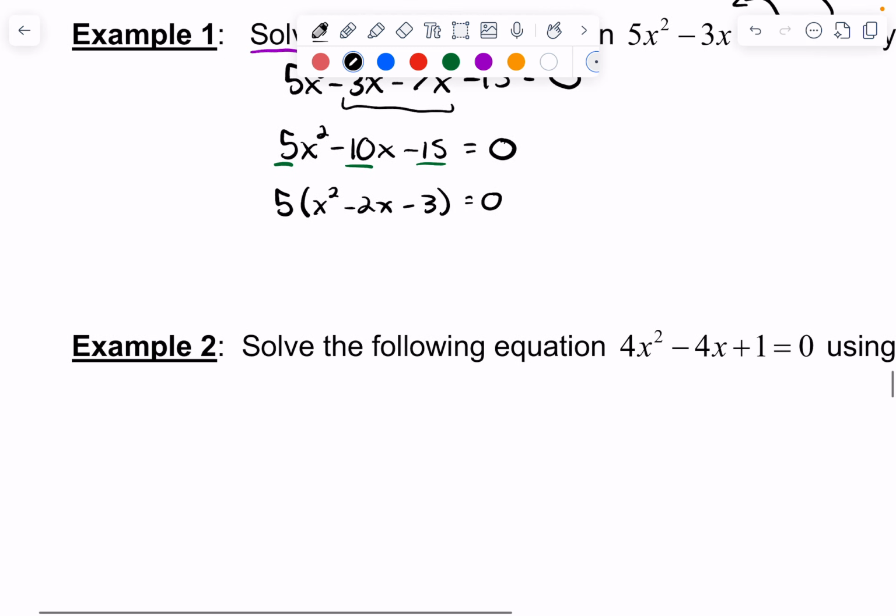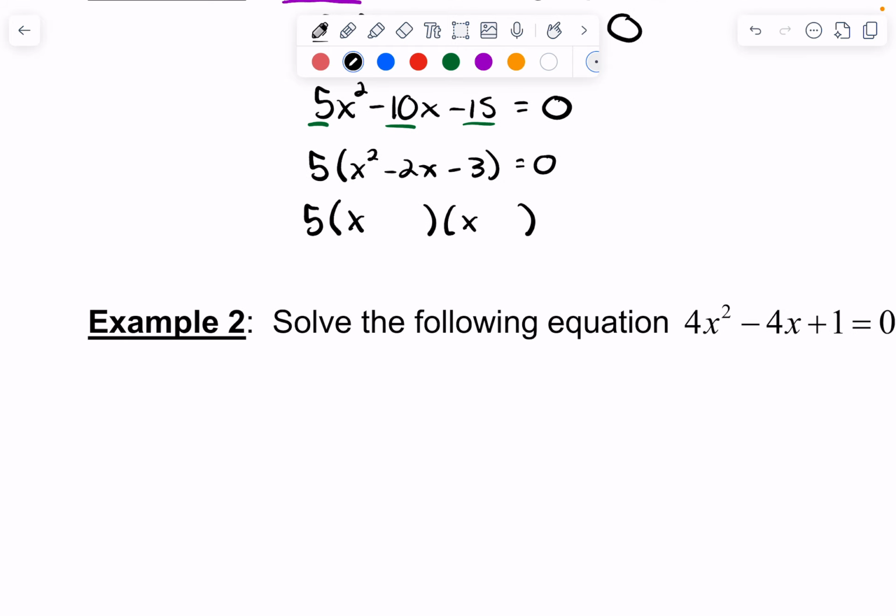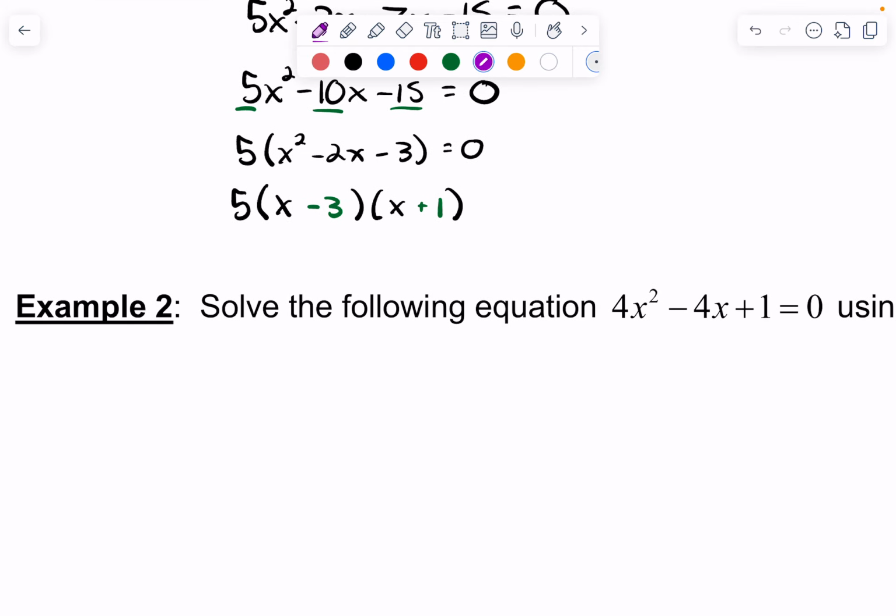And now we have a simple trinomial where we need two numbers that multiply to give you negative 3 and add up to negative 2. So in this case, this would be minus 3 and plus 1. Because these two numbers multiplied give you this, and those same two numbers add up to give you that.